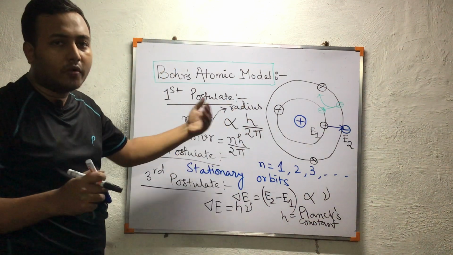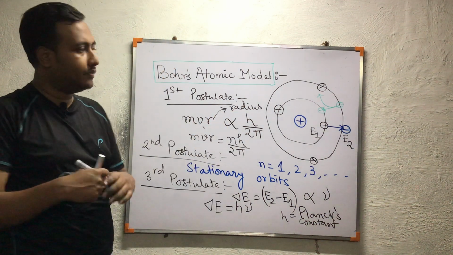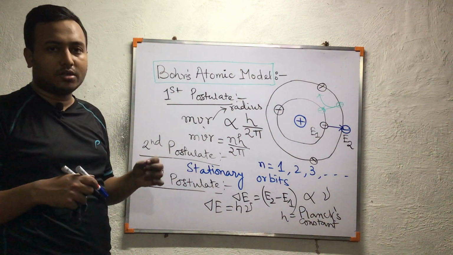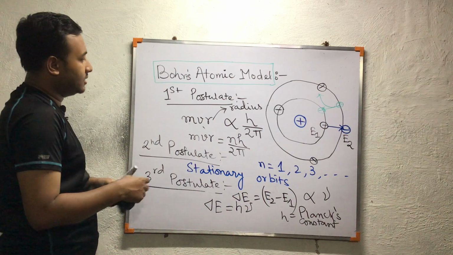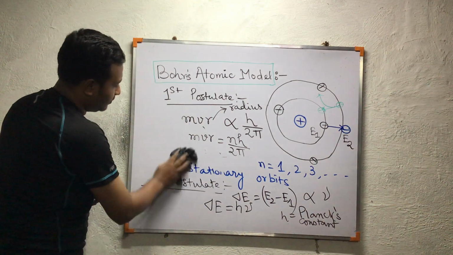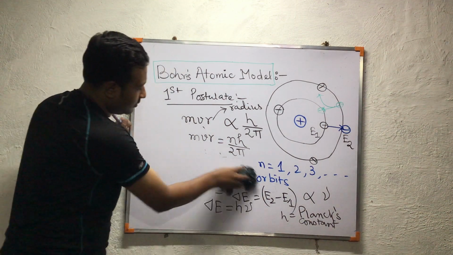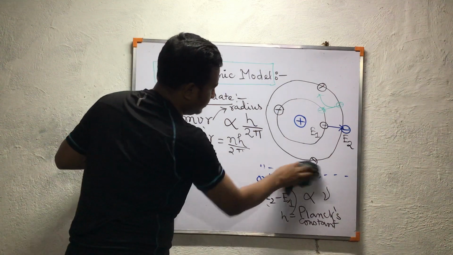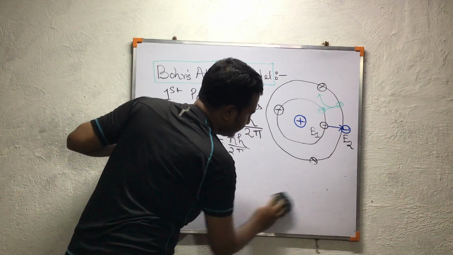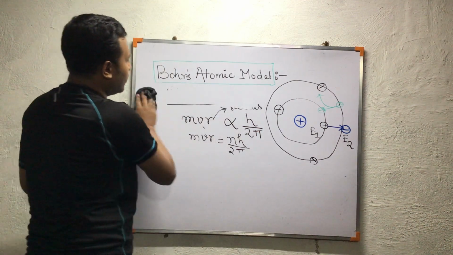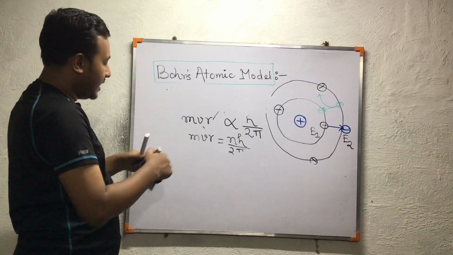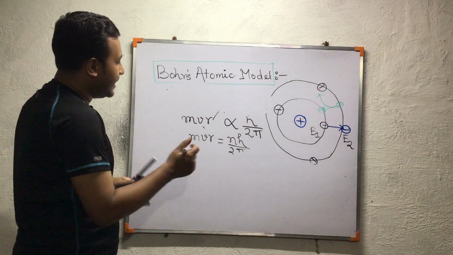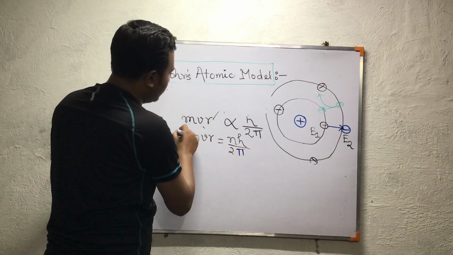Now we will move towards the calculation part, that is, the calculation of the radius of the orbit, the velocity of the electron as well as the energy. From the first postulate we have the formula mvr equals nh by 2 pi.